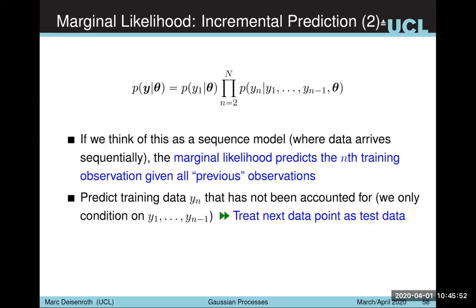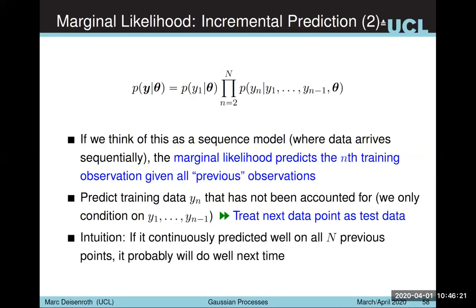If you think of this as predicting the training data yn that has not been accounted for, so it is not in our training set yet, we make a prediction because we only condition on the previous data. We effectively treat the next data point as a test data point, an unobserved quantity, and then we observe it and condition on it as well.